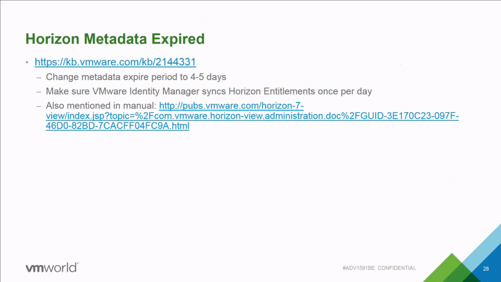It is well documented in the product documentation, and as well in a knowledge base article. So just pay attention to change the expiry period so that it is longer than the sync and the refresh that will happen between VIDM and Horizon for synchronizing entitlements and resources.